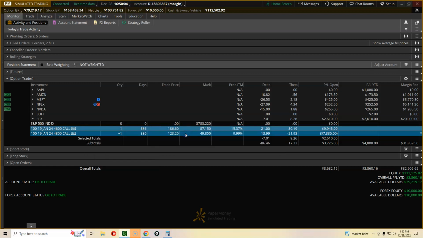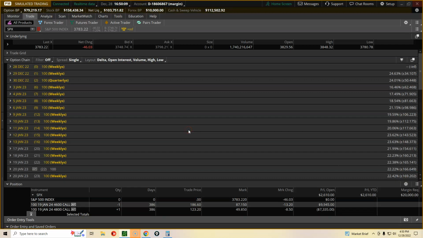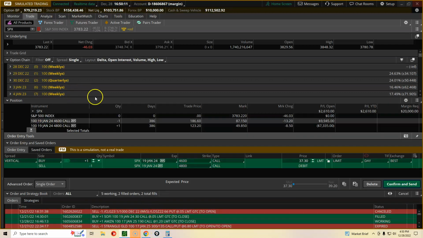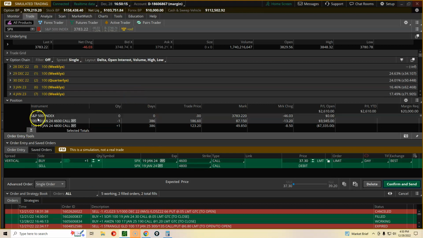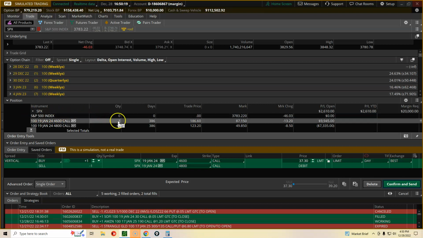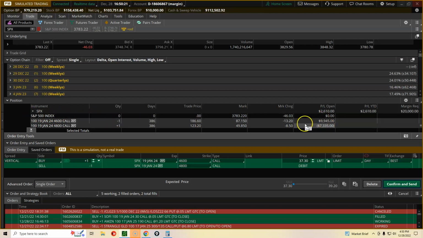So where is it at? I thought I just... there it is. Now here's something I would like to show you. Right here it is showing me my position. It is showing me the trade price.